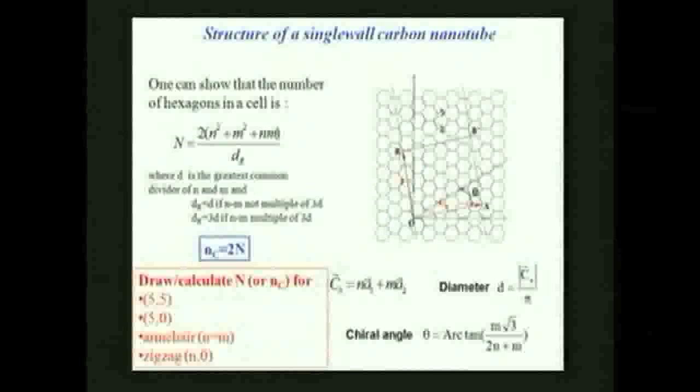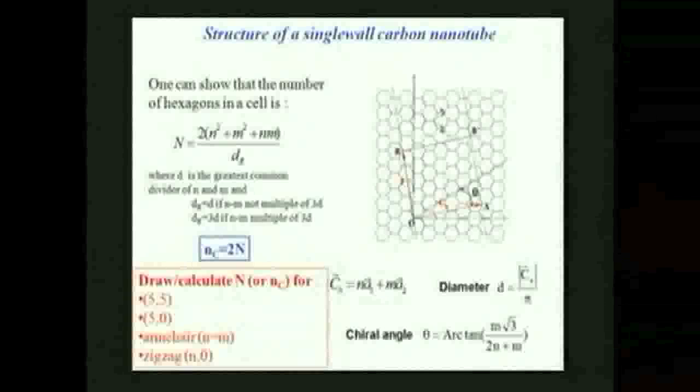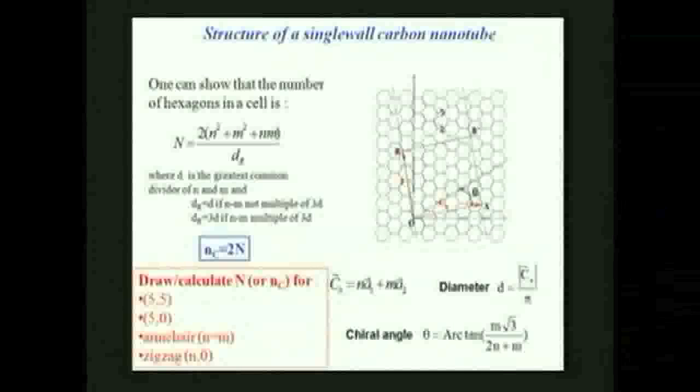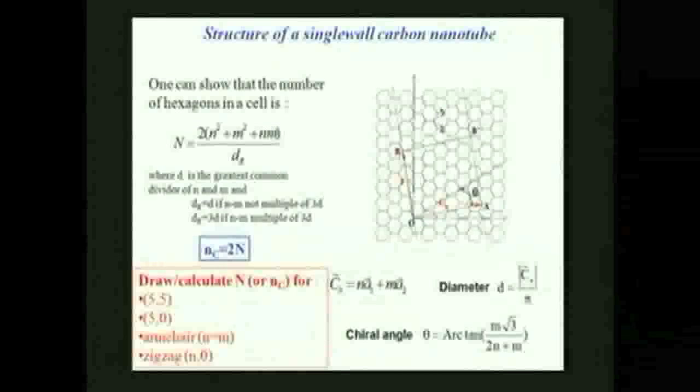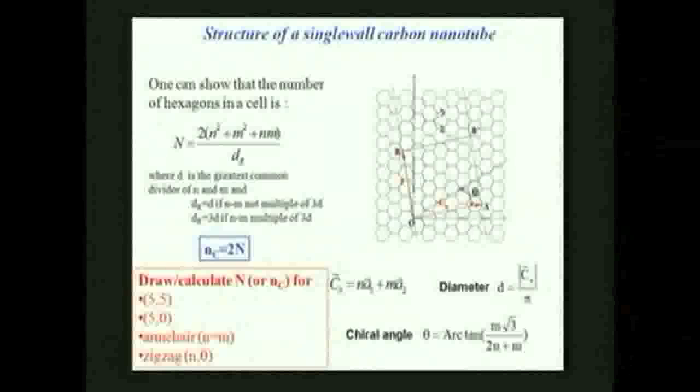The first category is called armchair. In armchair nanotubes, theta equals 30 degrees, it means that the chiral vector will be along the horizontal on the sketch. We call that armchair because if you follow this line, you will have the shape of an armchair. So armchair nanotubes correspond to theta equal 30 degrees.